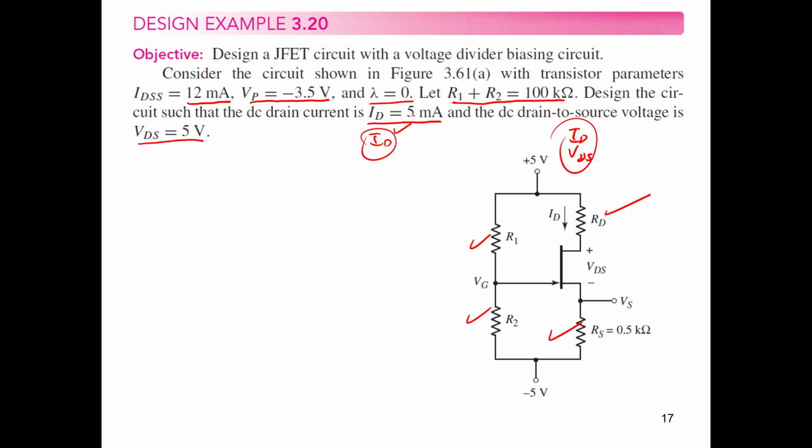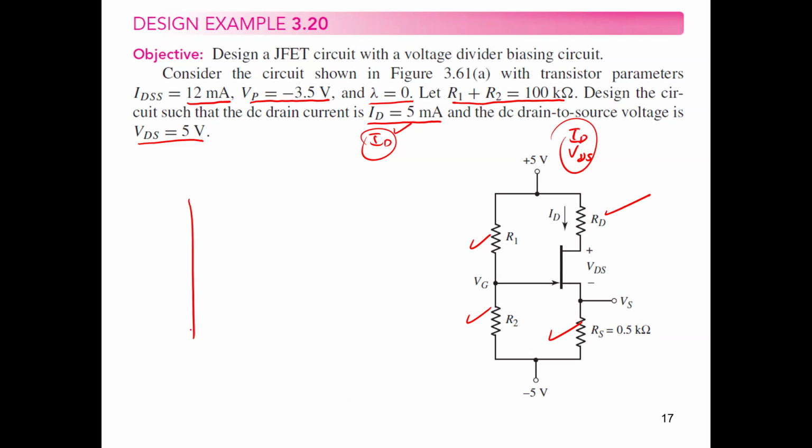If V_GS equals 0, the drain current in saturation has to be 12 milliamperes. Since this is 5 milliamperes, V_GS is not 0 in this case. With V_DS equals 5 volts, it could be in the linear region.